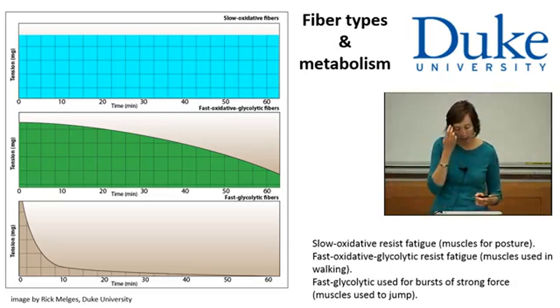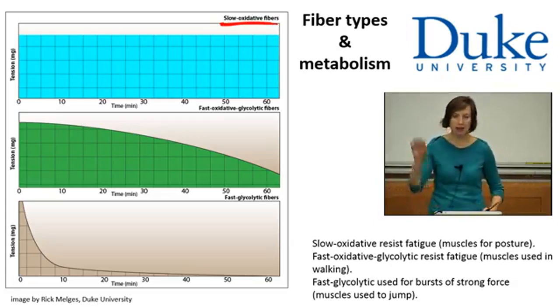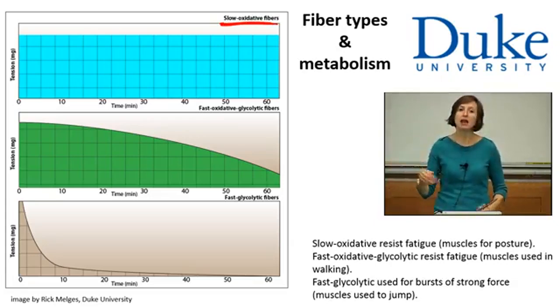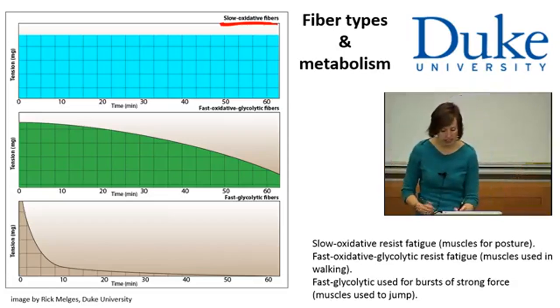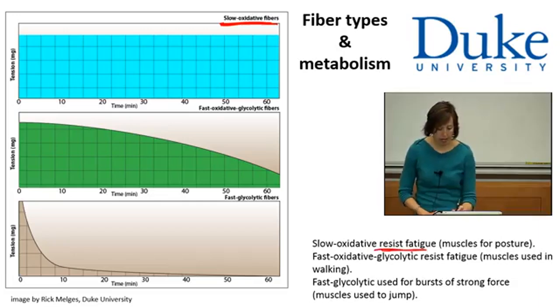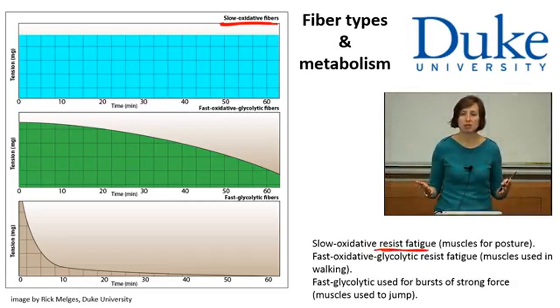So one fiber type are slow oxidative fibers, meaning they have the slow ATPase, and they use primarily oxidative metabolism, which allows them to basically resist fatigue. An example of these sorts of muscle types would be muscles that we need for posture.